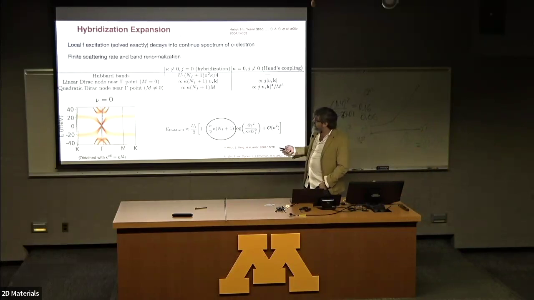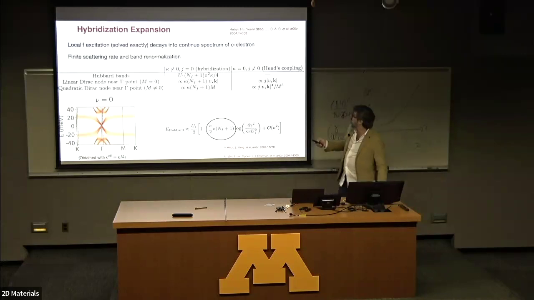The one that remains gapless, if m is equal to 0, if there's no bandwidth, has a lifetime that's proportional to k. So it's very sharp. And when you put in bandwidth in the Bistritzer-MacDonald model, i.e. this difference is the bandwidth of the Bistritzer-MacDonald model, this is still gapless, but it's now quadratic, and it gets a finite relaxation time.